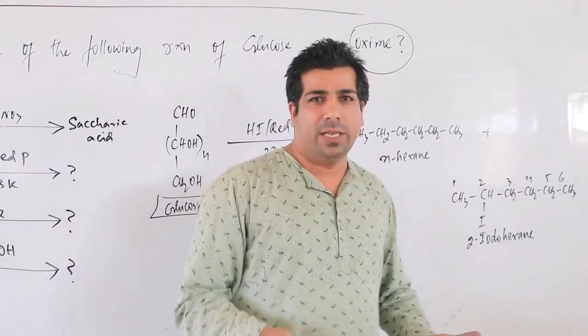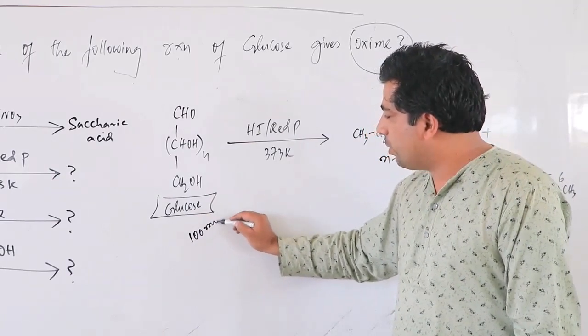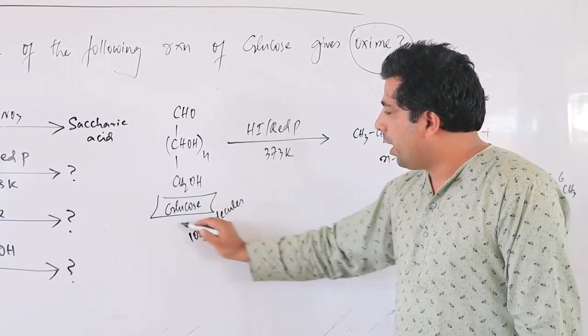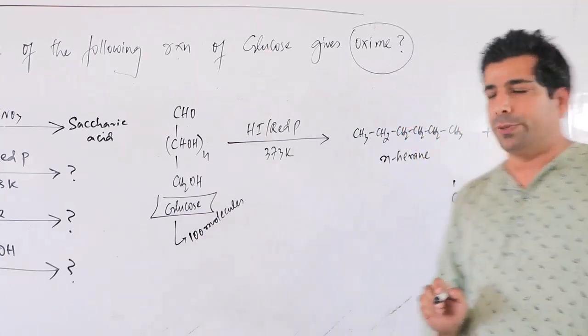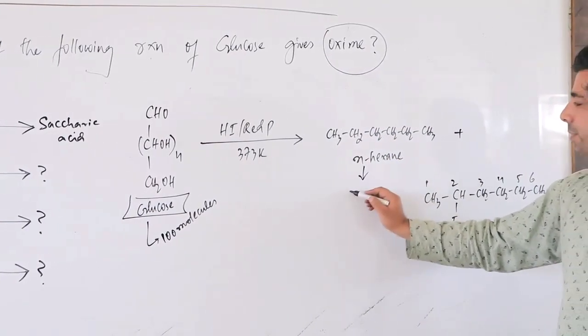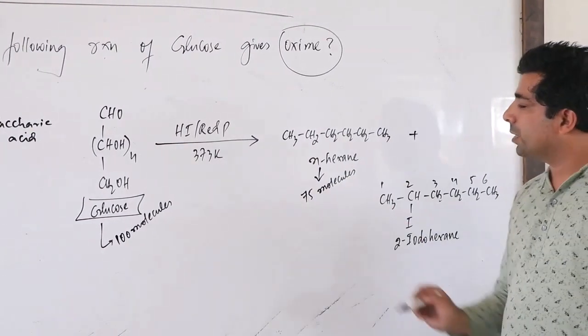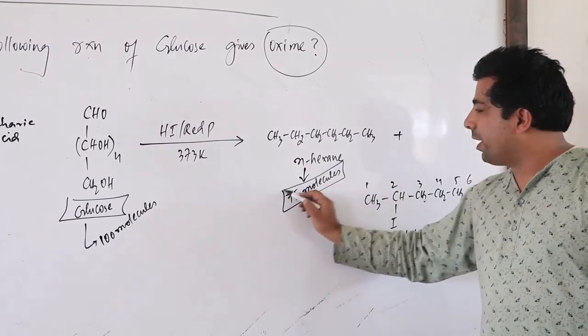How is it possible? My dear friends, let us suppose you have 100 molecules of glucose. And of this, let us suppose you are getting 75 molecules of n-hexane. Then the remaining will be 25 molecules.